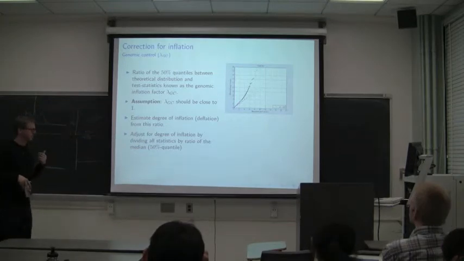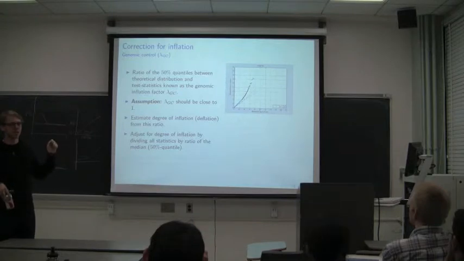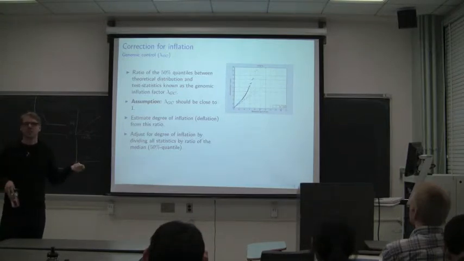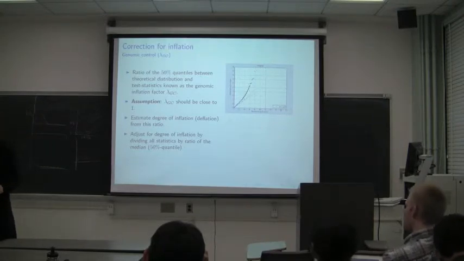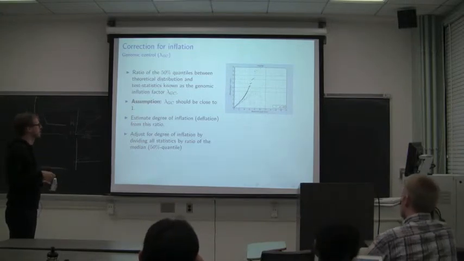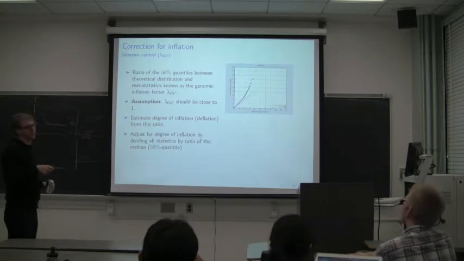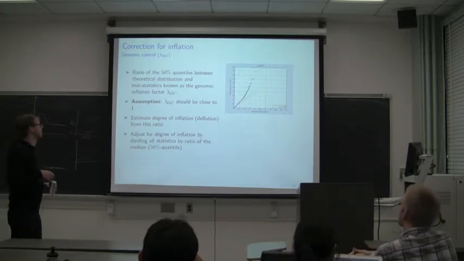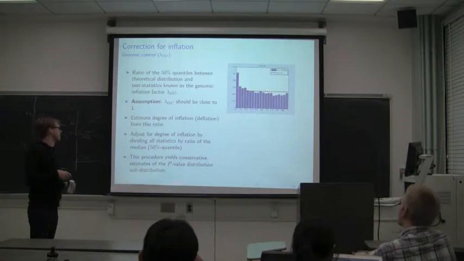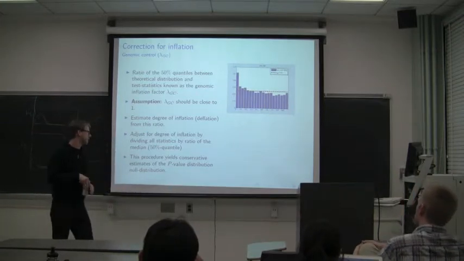If I want to control for this, I want my quantiles to match up, I can just divide all my test statistics, so all my log 10 p-values for example, by this ratio. And then by definition, you will get a lambda of 1 after that.